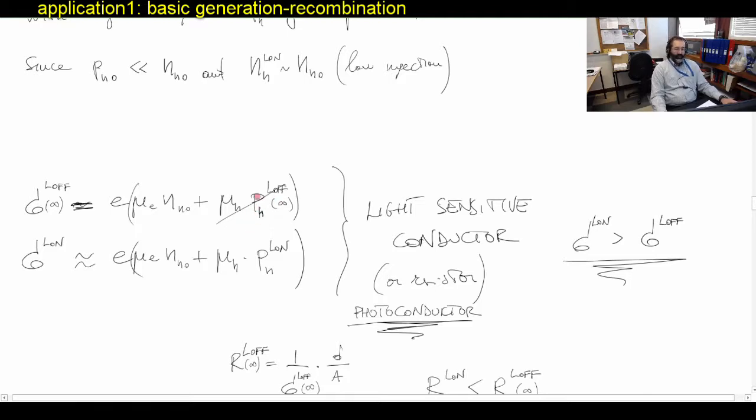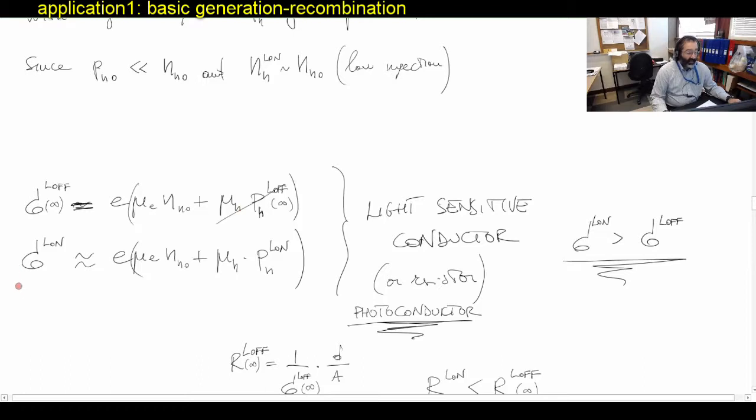But this quantity at infinite, we said, is generally very small. This is an N-type semiconductor, so this quantity here is Pn0 effectively. And so this is very small, so we can effectively neglect that.